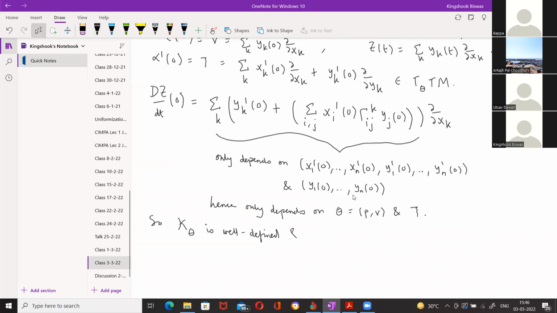And k theta is linear because this above expression for dzt dt at 0 is linear in the variables x1 prime 0, xn prime 0, and y1 prime 0, yn prime 0, right?